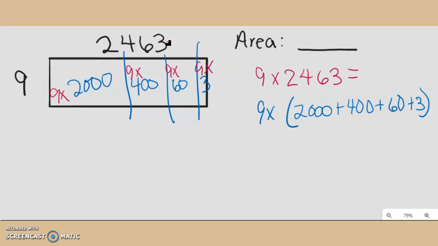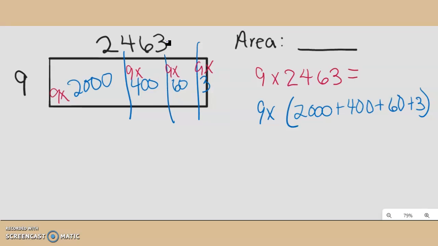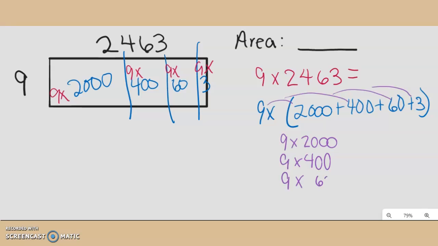So those are your expressions. I'm going to change my color of ink down below here. So I'm going to distribute the 9 across the factors: 9 times 2,000, 9 times 400, 9 times 60, and 9 times 3.